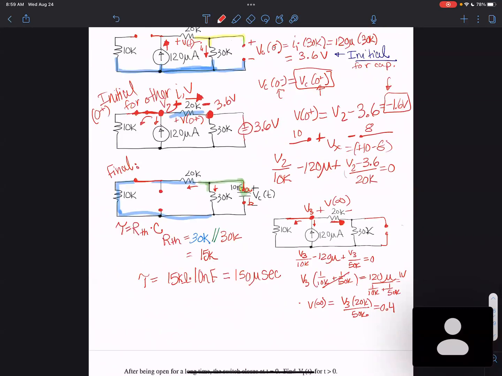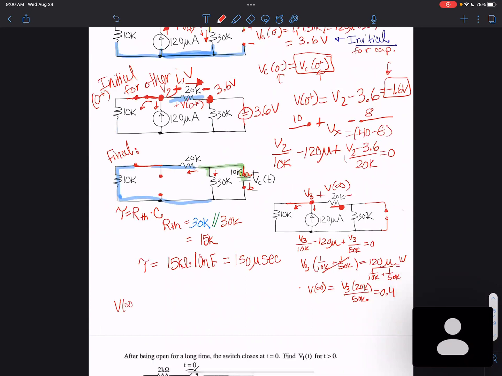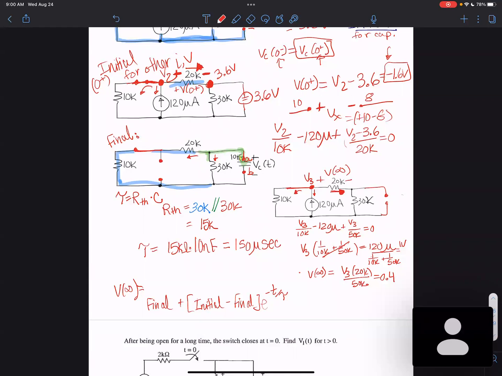And then here the equation is going to be, again, final plus initial minus final, e to the minus t over tau. And tau will be the same, so that never changes for your circuit. And so what's our final value here? 0.4.